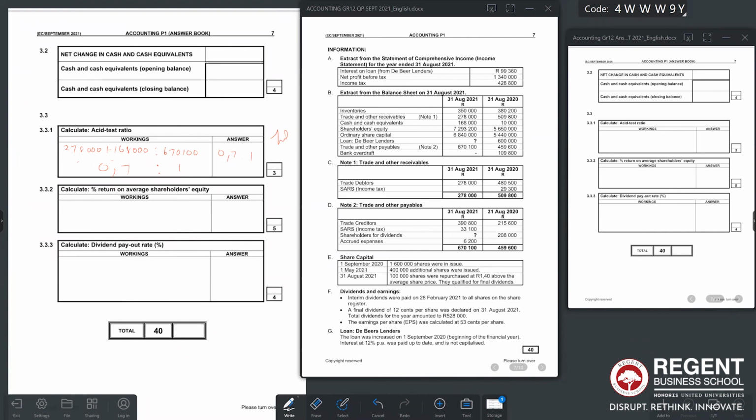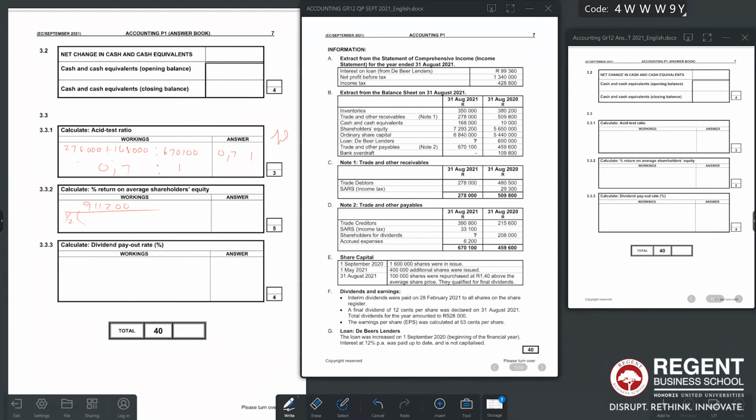Now, work that out quickly for me. Your net profit after tax was 911,200, divided by the average. It will be half into your shareholders' equity, which is made up of ordinary share capital plus retained earnings, beginning of the year plus end of the year.